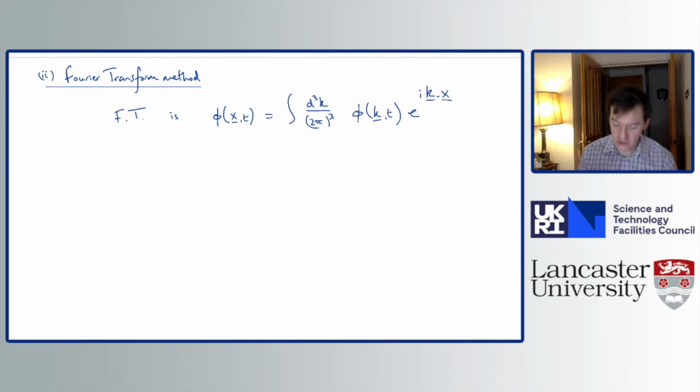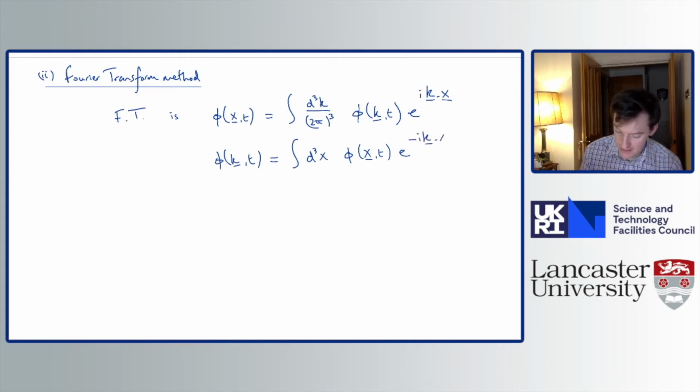I'm using a convention where I put the 2 pi cubed factor all on the integral with the k. This means my inverse transform, to go back the other way, is simply d3x integrated over phi of x and t, times e to the minus i k dot x.